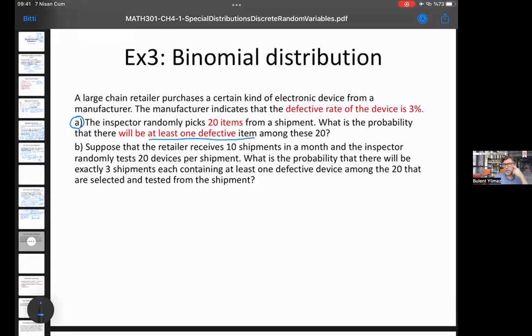Enes, you shared the answer, but I'm interested in the formulation also, okay? How do you find this 0 point something? Maybe you gave it, maybe I didn't see it. Okay, last 10 seconds.